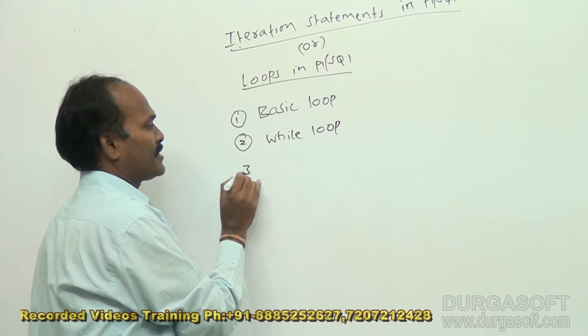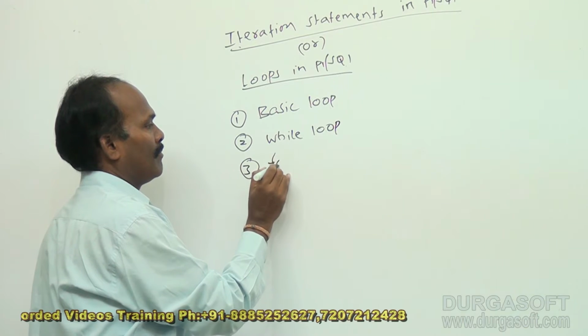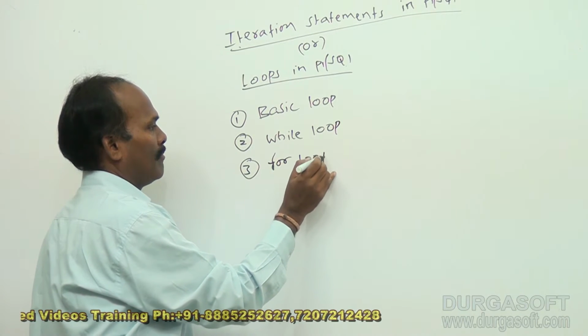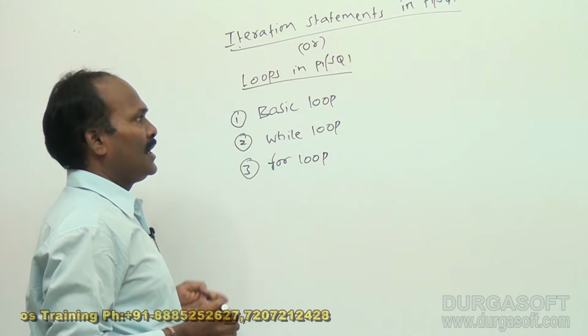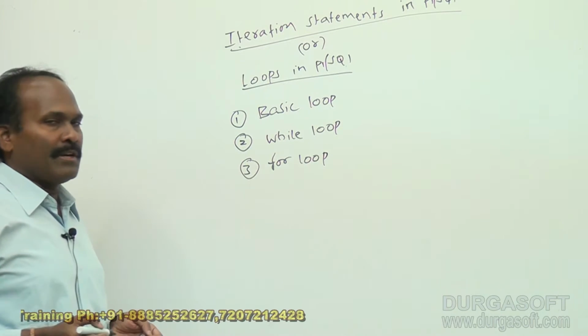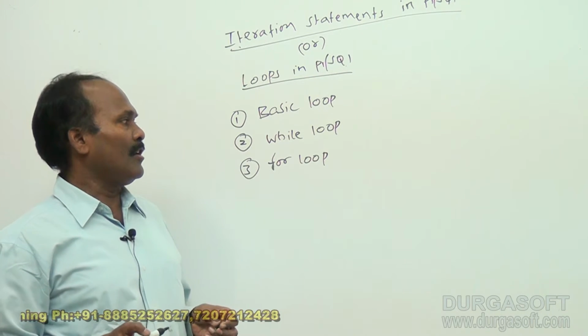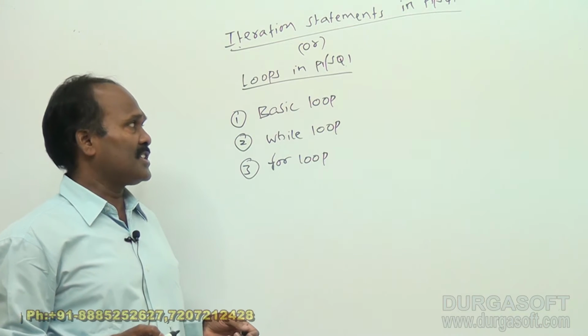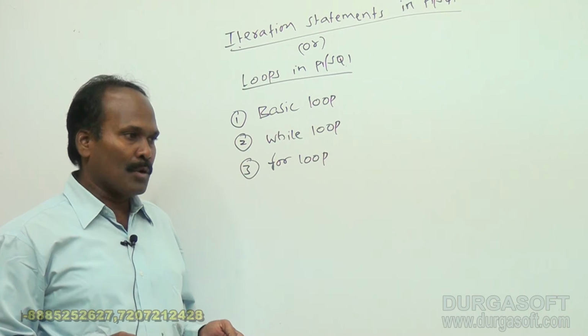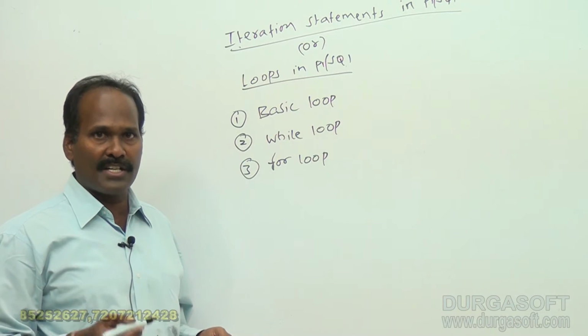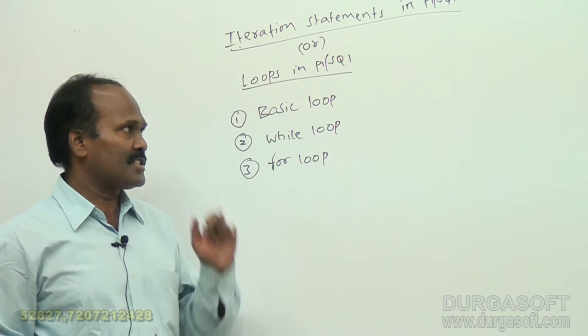Third category is for loop. So these are the 3 types of loops available in PL/SQL: basic loop, while loop and for loop. What is the difference between each loop, how it is going to repeat, what are the true and false conditions, and what is the loop controlling variable? I will discuss in detail.